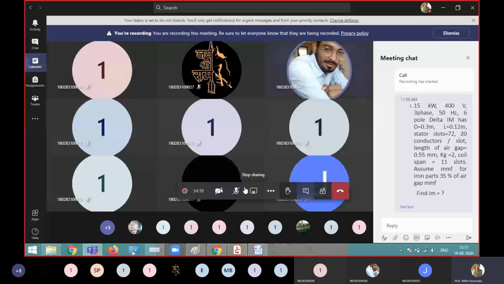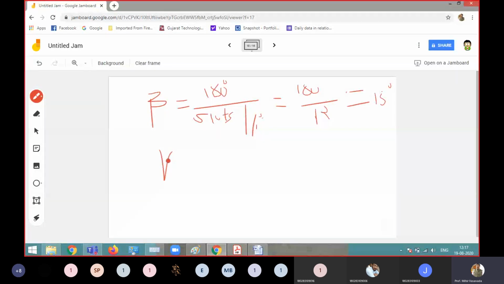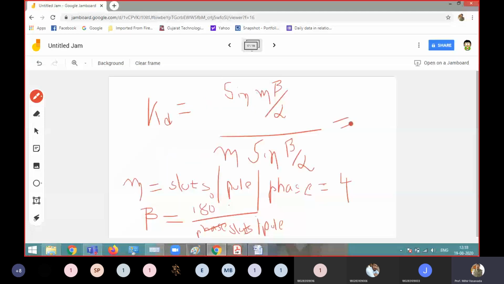So now you can put the values of beta and find out KD and write the answer of KD in chat box. Right, use this equation and write the equation of KD here.